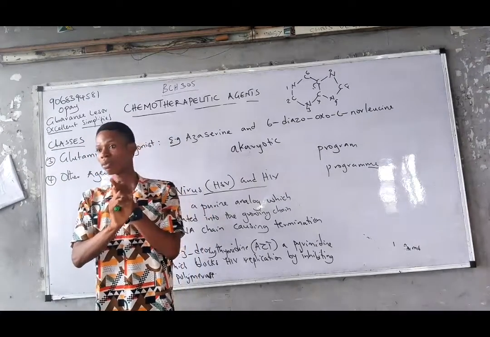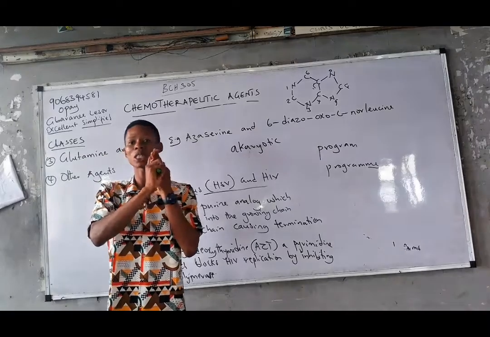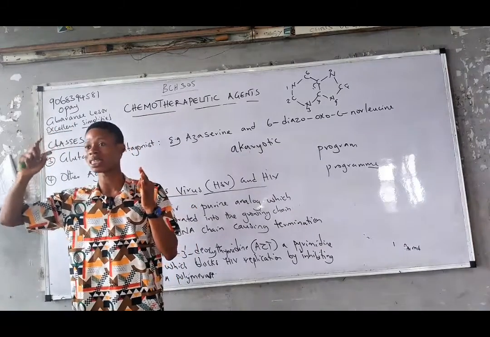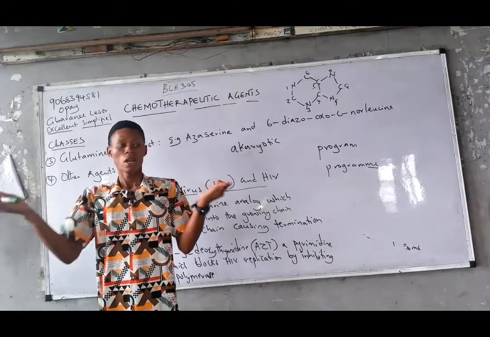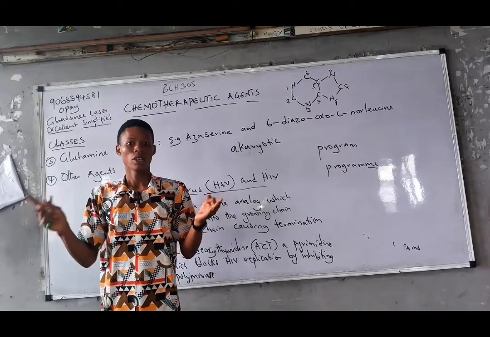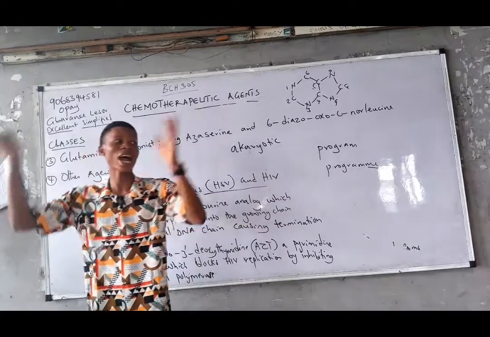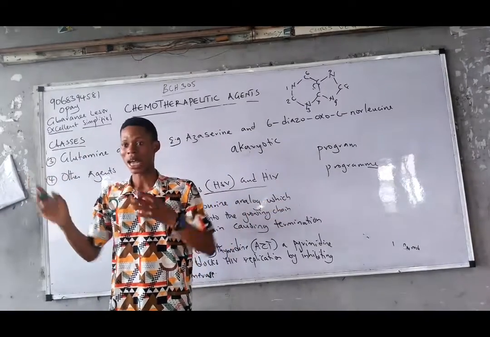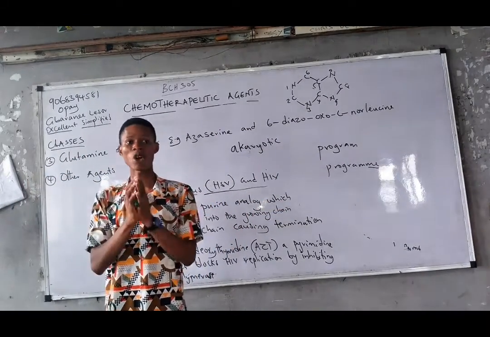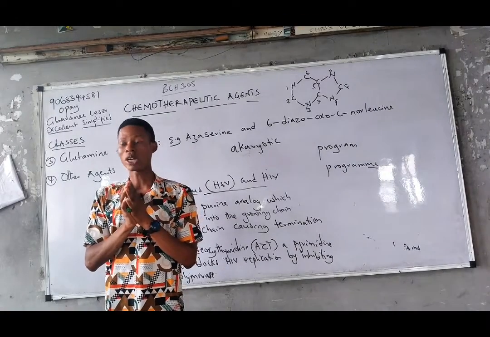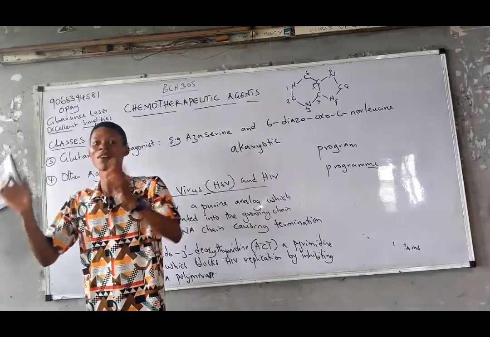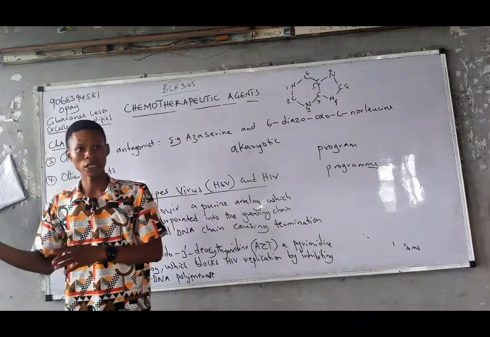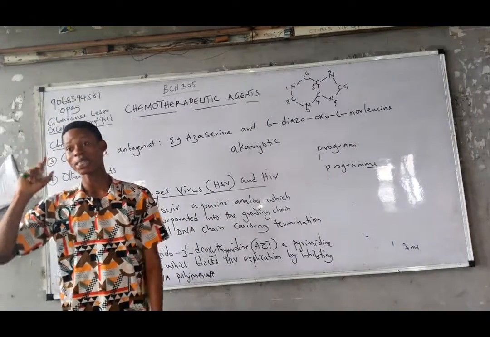The 3rd thing that must be seen for you to classify any substance as a cell is the presence of a set of genes. Virus have that, right? We know a virus can have either RNA or DNA as their nucleic material, but they cannot have both. You can never see a virus with both RNA and DNA. It's either they have RNA or they have DNA. So a virus cannot be classified as a cell.